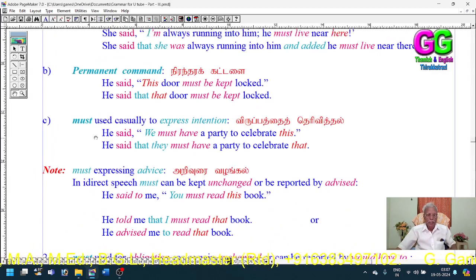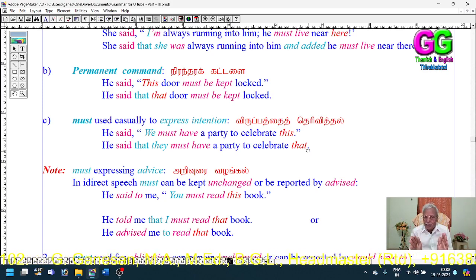Then third, must used casually to express intention. When must is used to express intention, must remains unchanged. He said, we must have a party to celebrate this. He said that they must have a party to celebrate that.